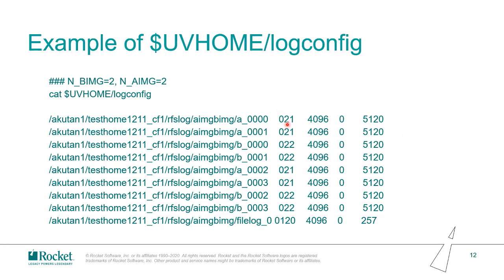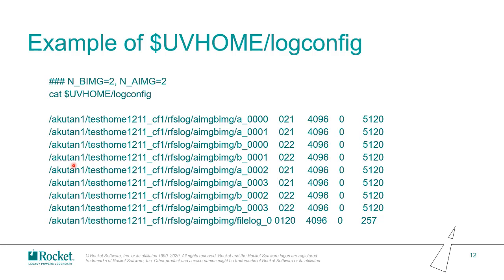The attributes tell if the file is an after image log file or a before image log file. This is the path of the file, and this is the block size. This is the starting block, and this is the length of the blocks.